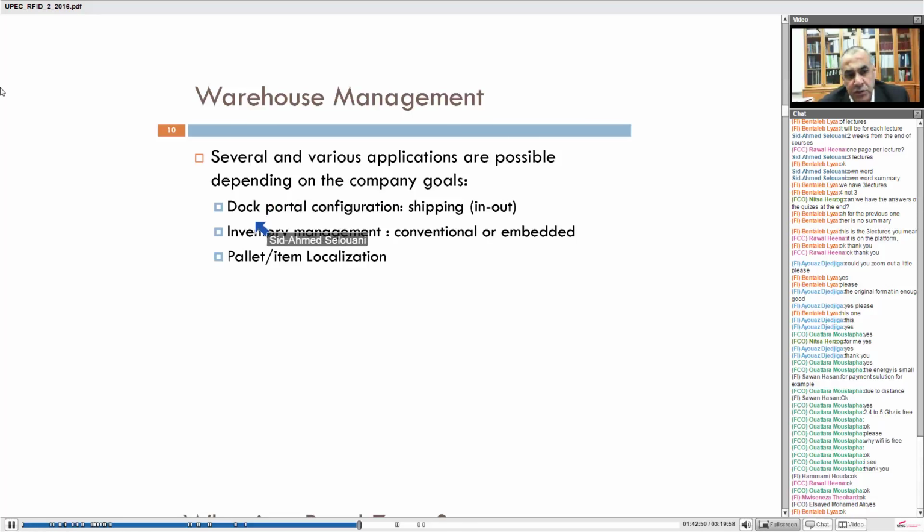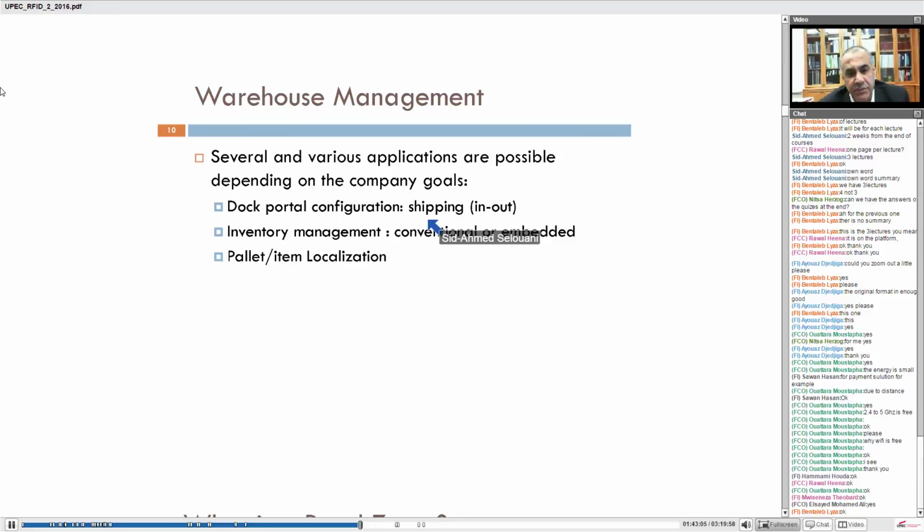Okay, we can continue, can resume our course. So we can use RFID to perform warehouse management, and there are several and various applications that are possible depending on the company goals.